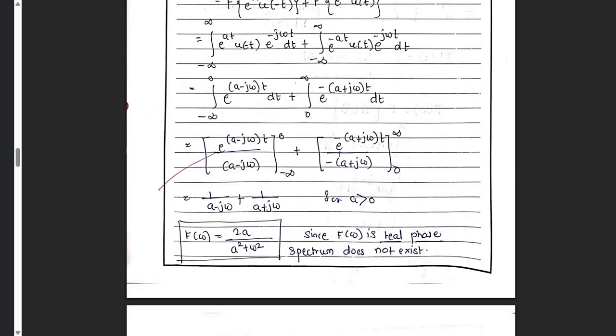And when you put the lower limit, it becomes e raised to 0, that is plus 1. So this is 1 upon minus a plus j omega, and with the minus sign here, it becomes plus. So 1 upon a minus j omega plus 1 upon a plus j omega. So in total, F of omega comes out to be 2a upon a square plus omega square.